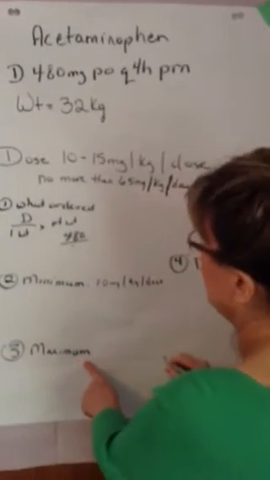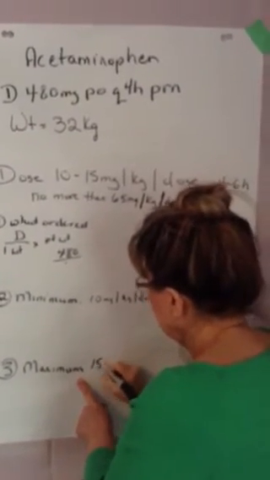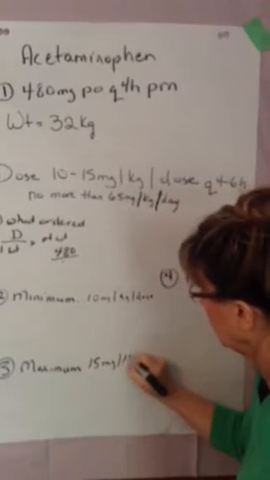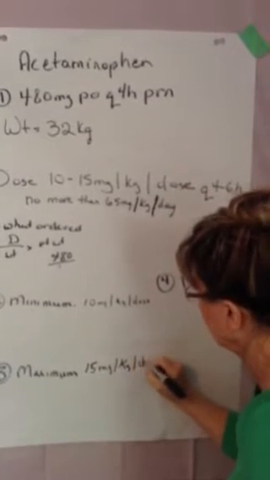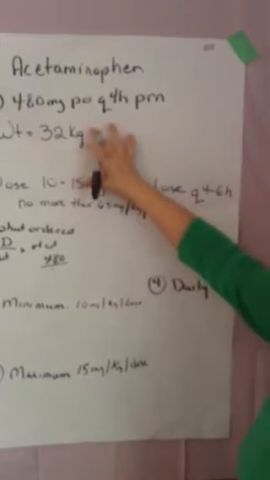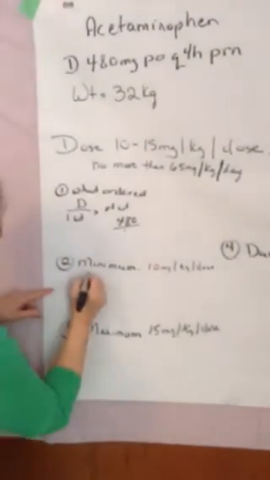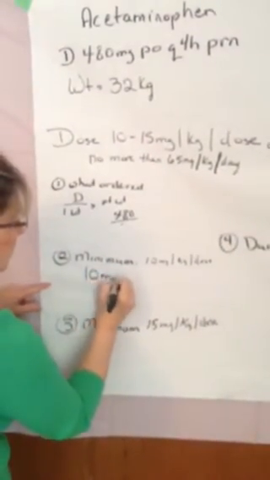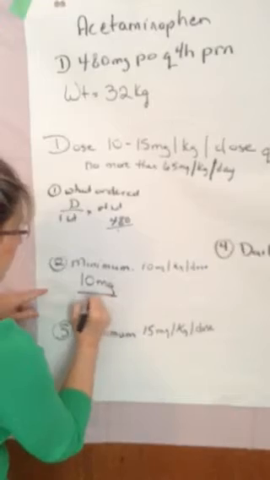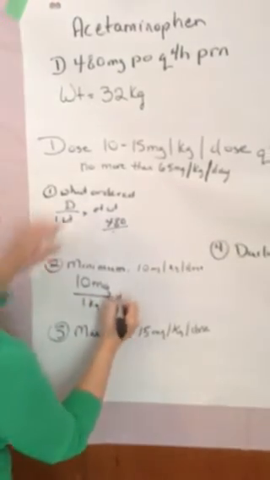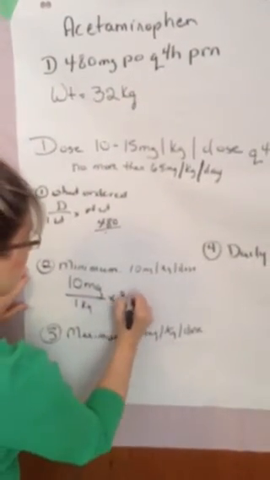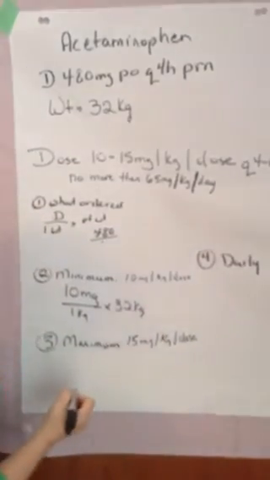Our maximum is 15 milligrams per kilogram per dose. So we want to find out, is this a safe dosage? So I'm just going to slip over here. So 10 milligrams per 1 kilo times our weight of 32 kilograms.